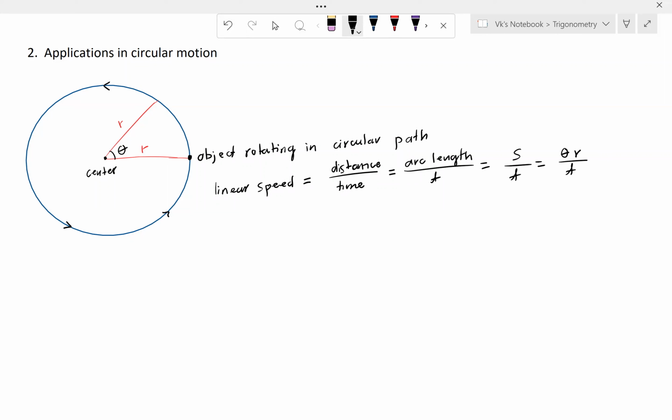Oh, we also have the angle theta, so we can figure out the angular speed, which is the change in angle over change in time.